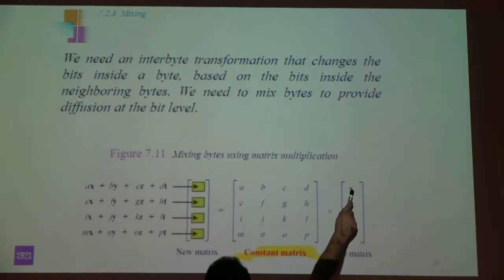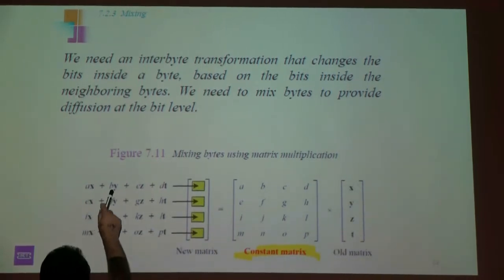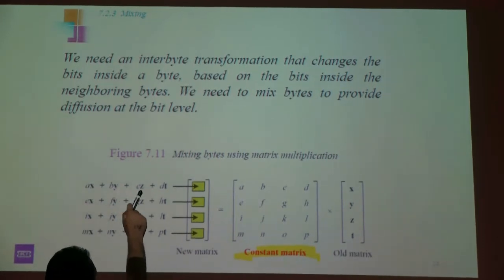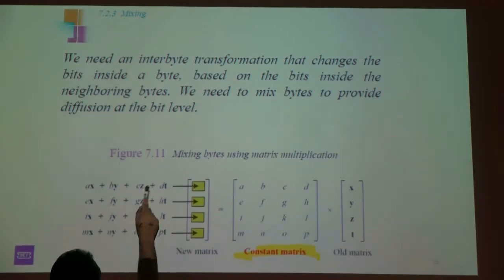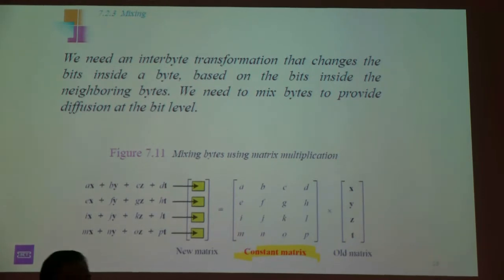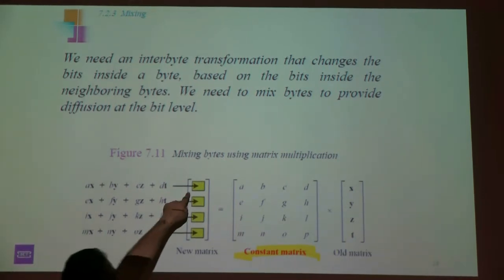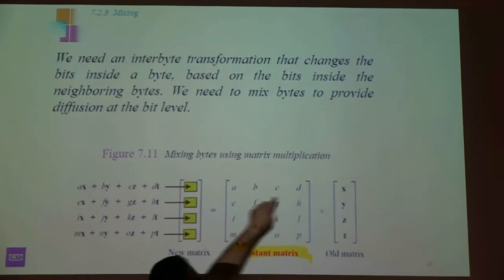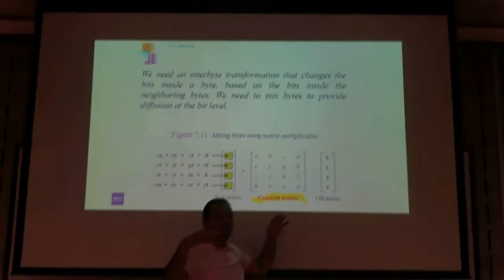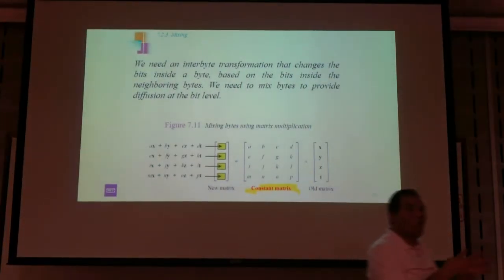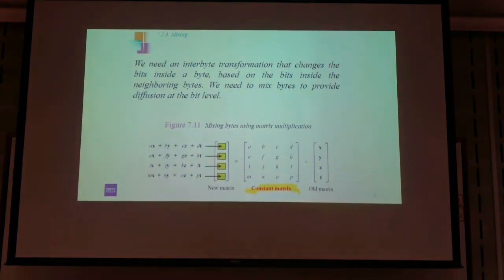How did it change? It was A times X, plus B times Y, plus C times Z, plus D times T. So the value in here is not linear with another value. It's a result of multiple operations on the matrix. That will increase the diffusion.